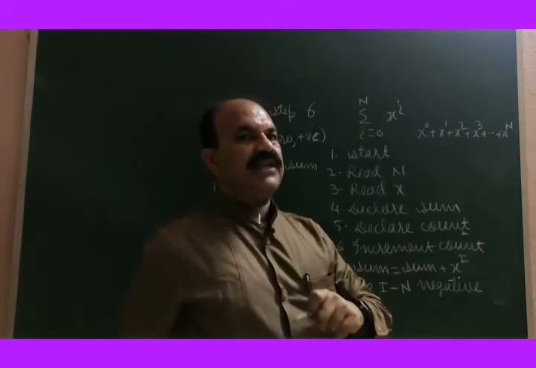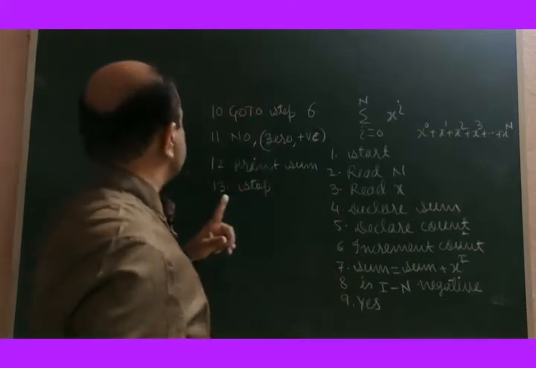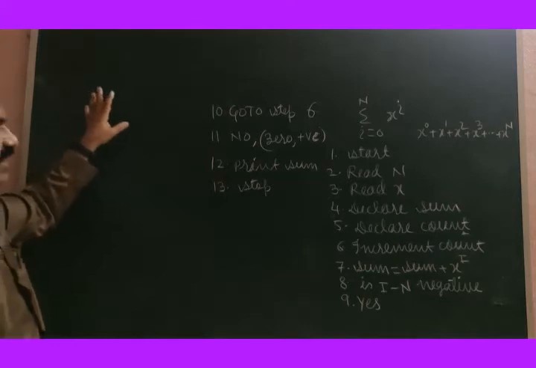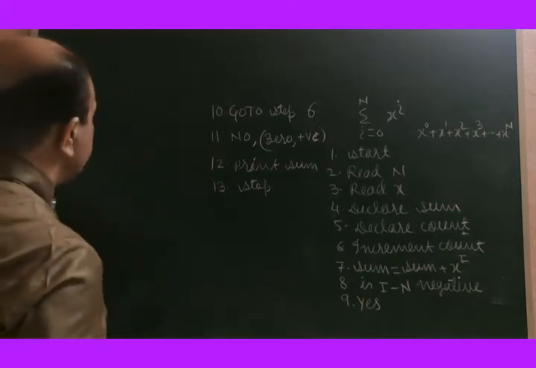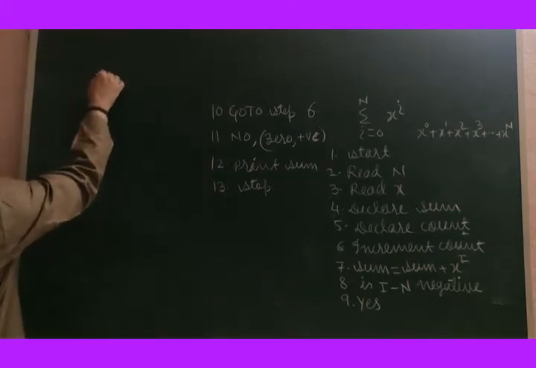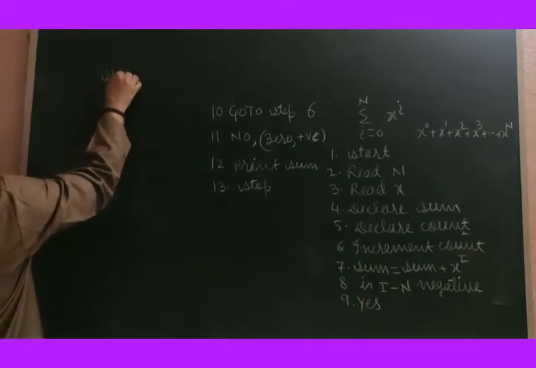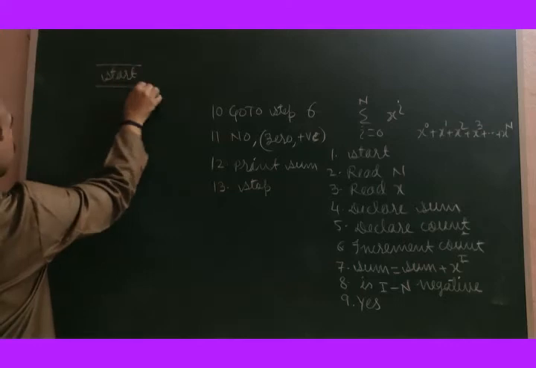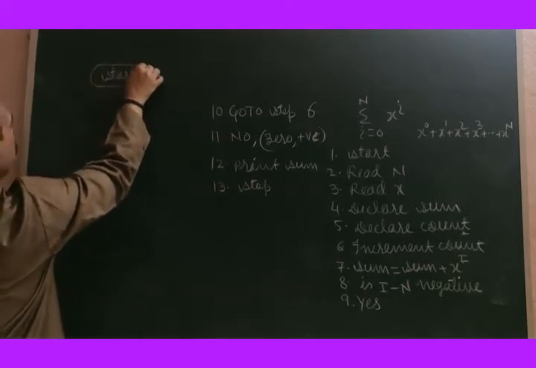Let me quickly write the flowchart using this. I don't know whether this side is clear, I think it is clear. So let me start here. Start, and this is in the oval symbol.